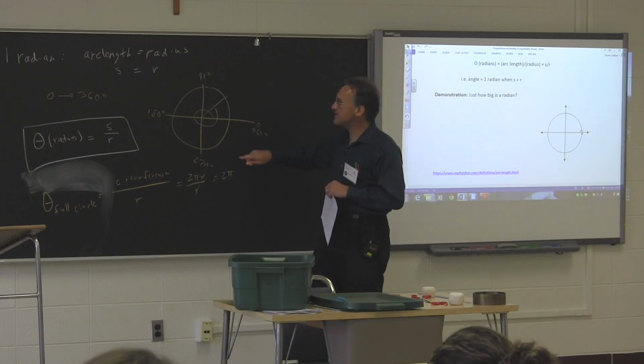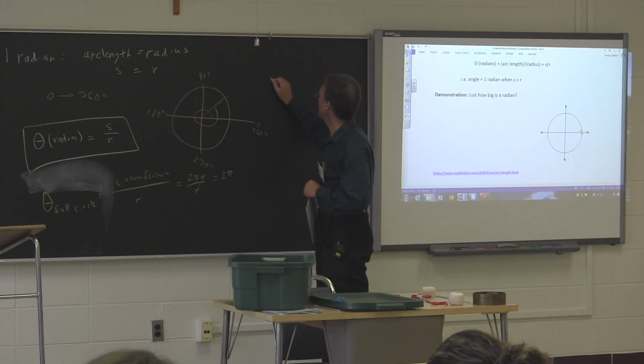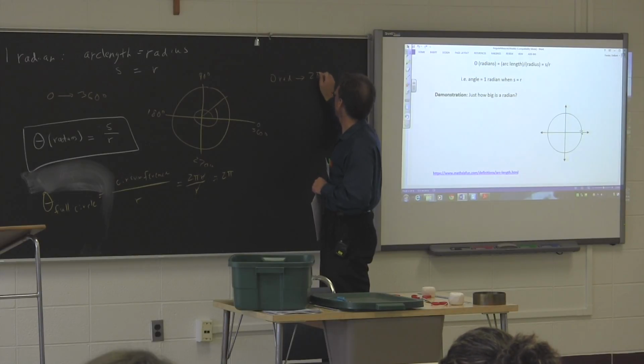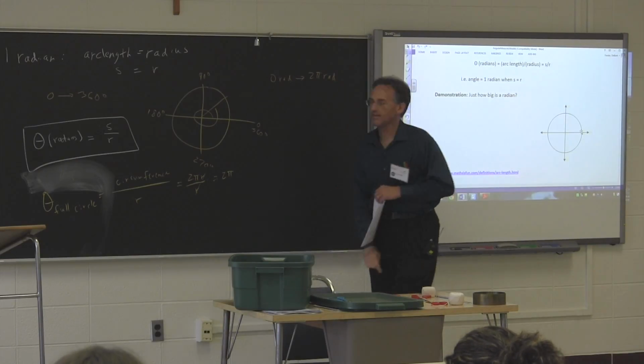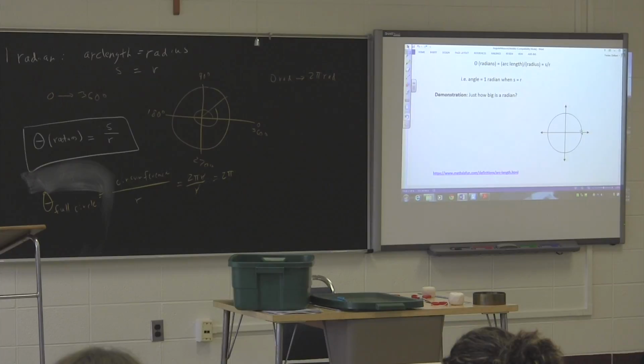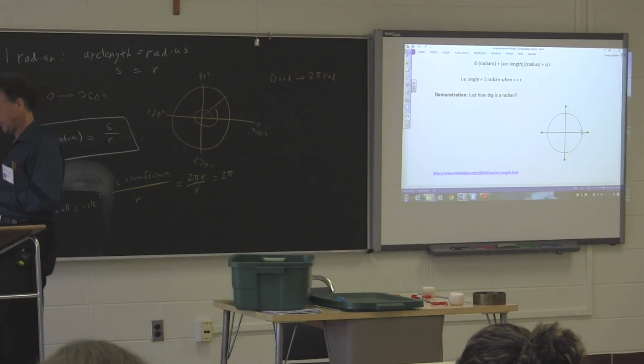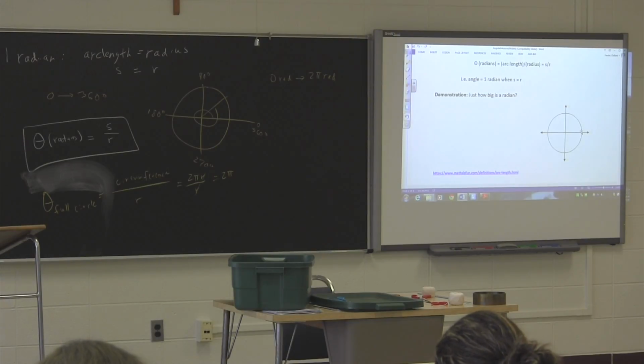So whereas degrees go from 0 to 360, radians go from 0 to 2 pi for a full circle. Okay?